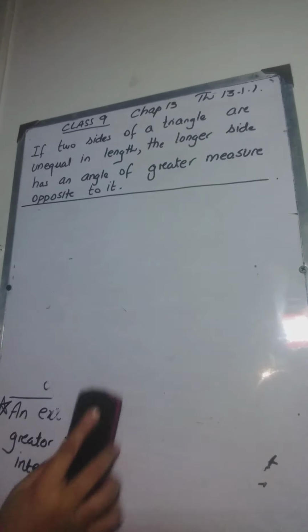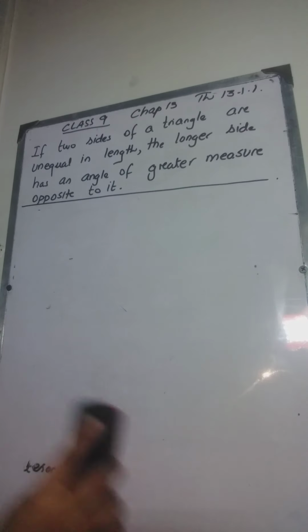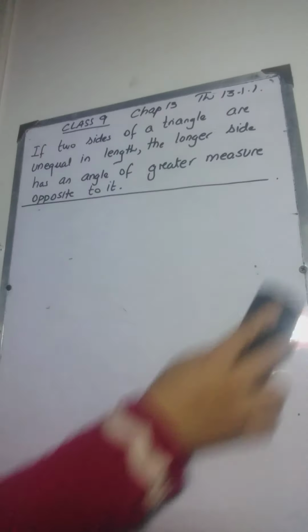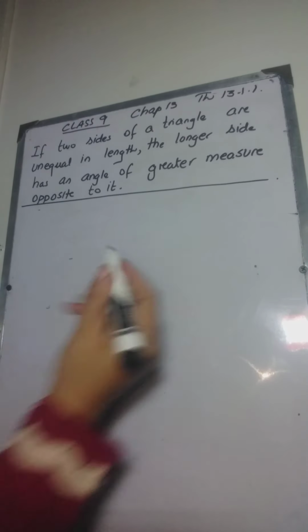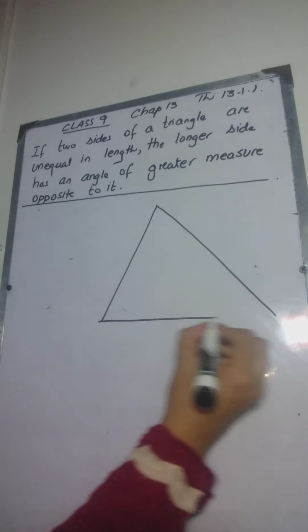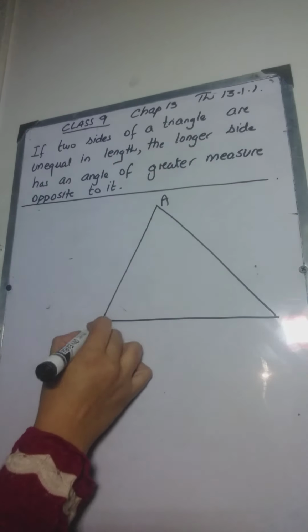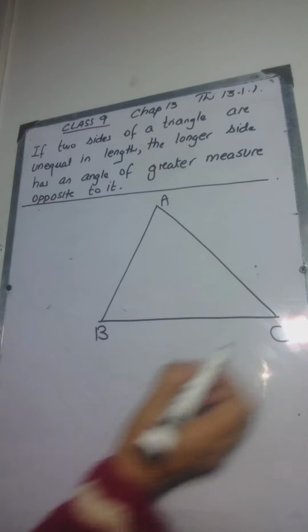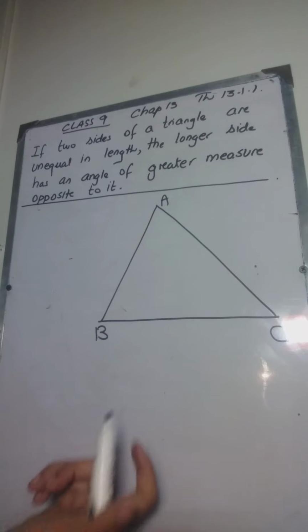The statement of the theorem is that if you have two sides of a triangle such that... Now let us suppose we have a triangle ABC.